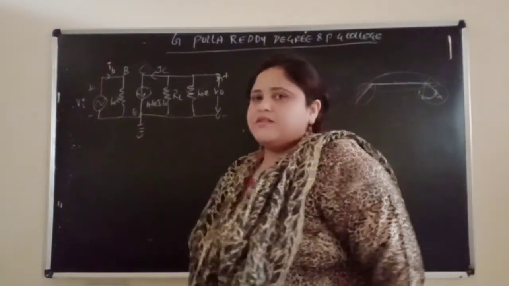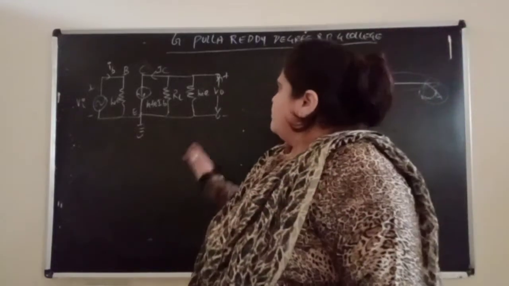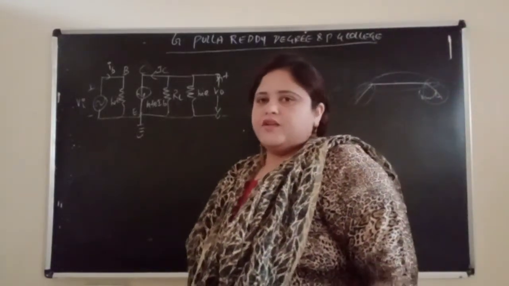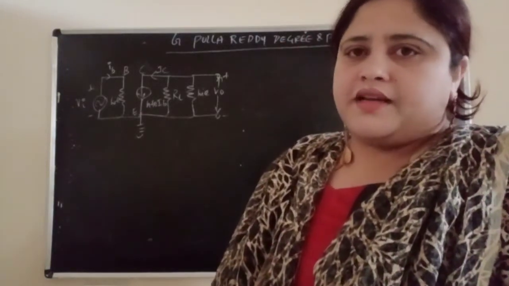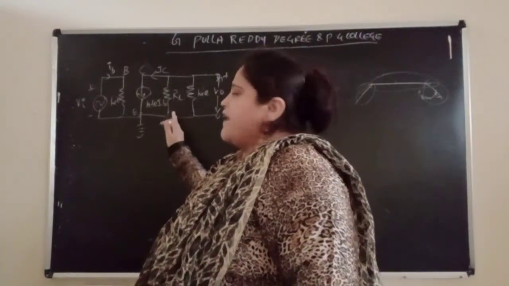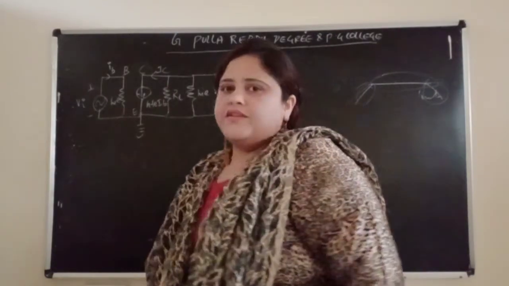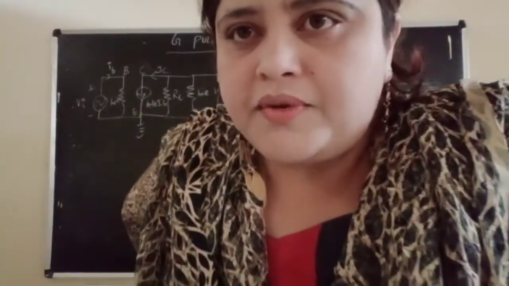Why have I drawn this input resistance again? Because the first stage ends at RL, and then it continues with the second stage. So we have to draw the circuit diagram compulsorily.